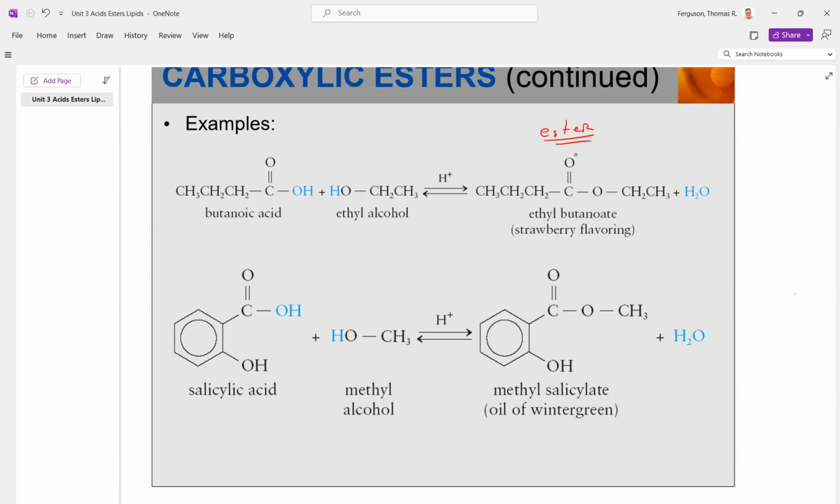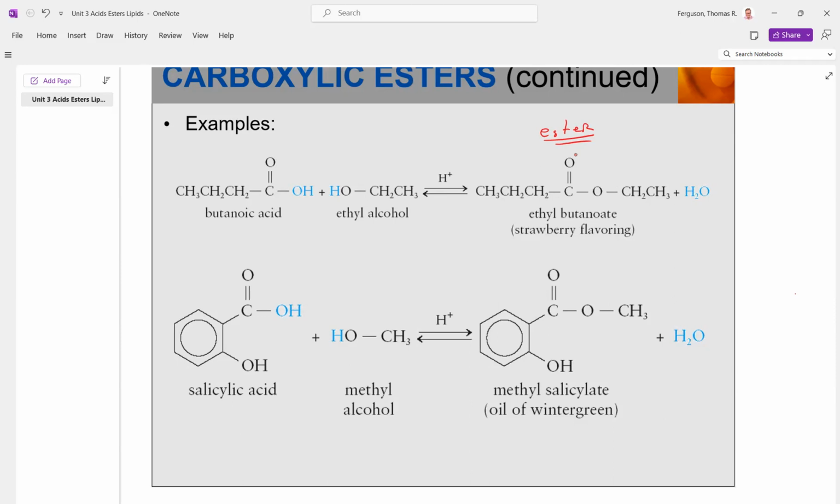Now, in lab, we're going to be doing this. What's interesting about this particular reaction, butanoic acid smells badly. It smells like dung. It smells like the inside of a chicken coop. It's really, really smelly. Ethanol really doesn't have any fragrance.